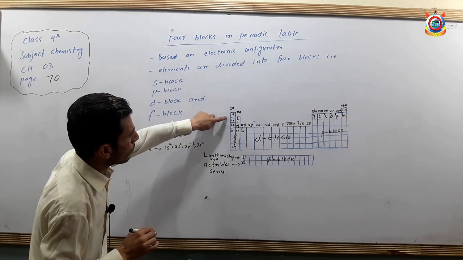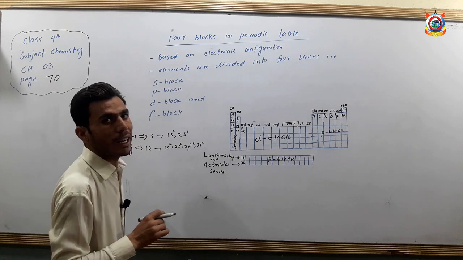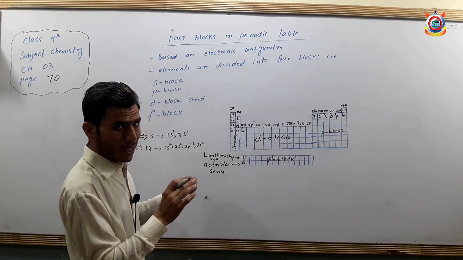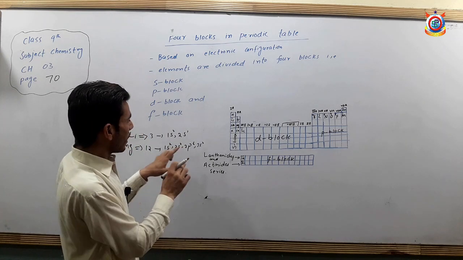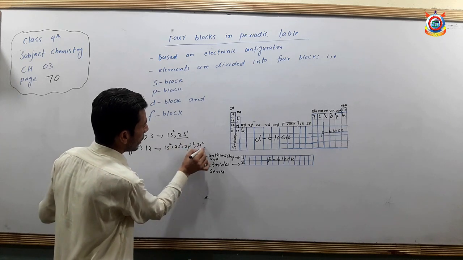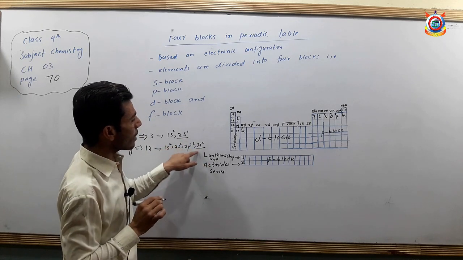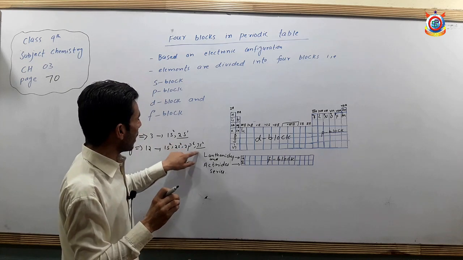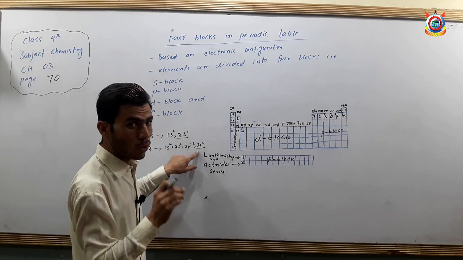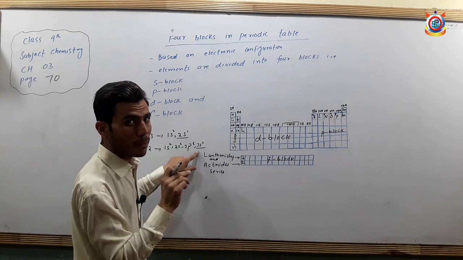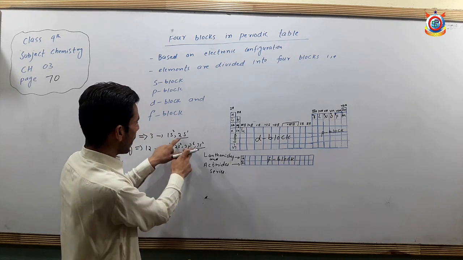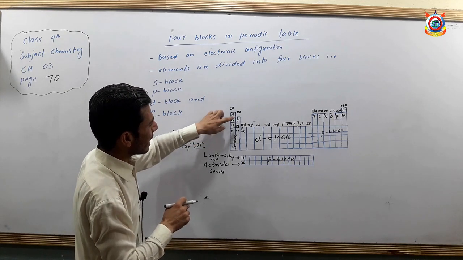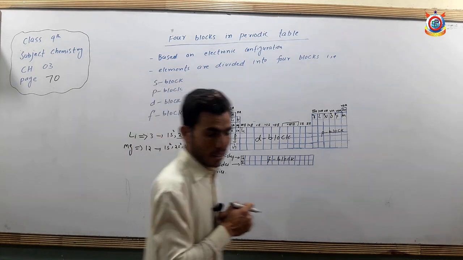That is why group first and second A are called S block elements, those elements in which the S orbital is in the process of completion, whose last electron enters into the S subshell.